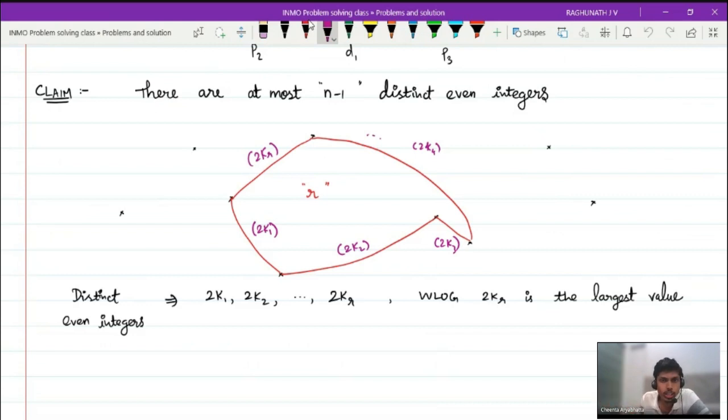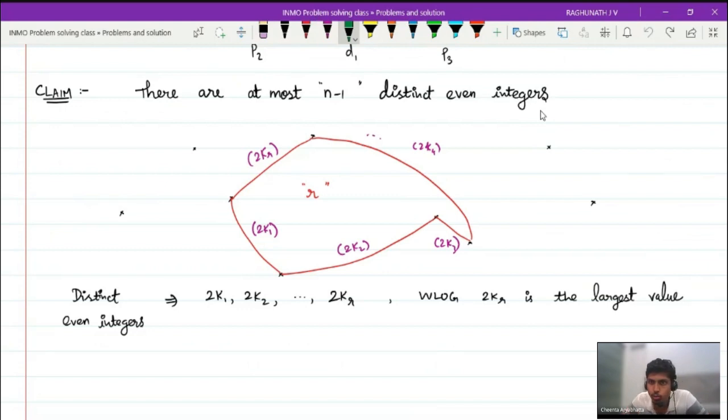And remember, these are distinct as well. And assume that 2kr is the largest value. I mean, the diagram depicts that 2kr is adjacent to 2k1, but that's not necessary. They can be in some order, and that's fine. And let's say what is the distance that corresponds to this edge.